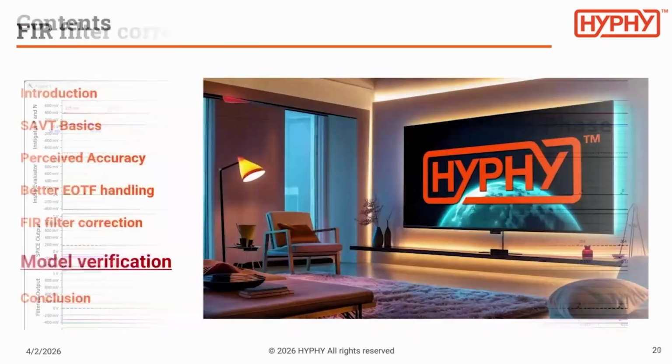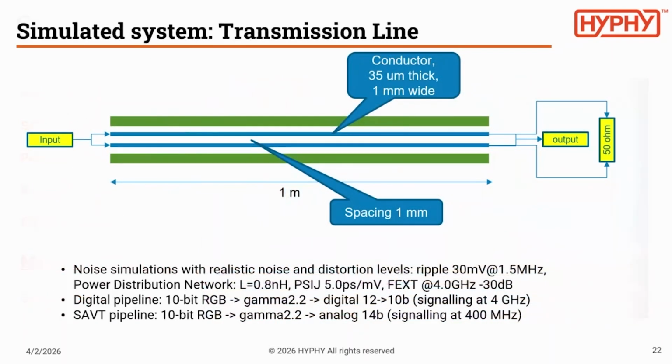We did one further step. We made a completely independent ab initio model of a transmission line transferring analog signals from beginning to end. So this is our transmission line. The input is on one side. This conductor is 35 microns in width, and they're spaced 1 millimeter from each other and from the ground planes on both sides and top and bottom.